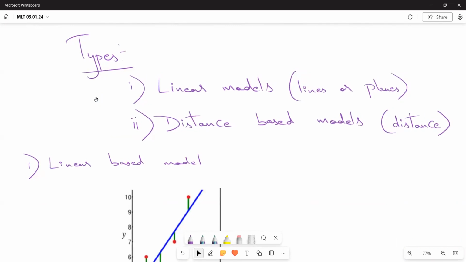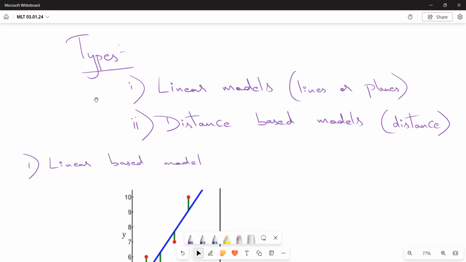Now coming to the types. There are 2 types of geometric models. The first one is linear based, and the second one is distance based. Sticking to its name, linear-based models work with lines or planes, and distance-based models work with distance.